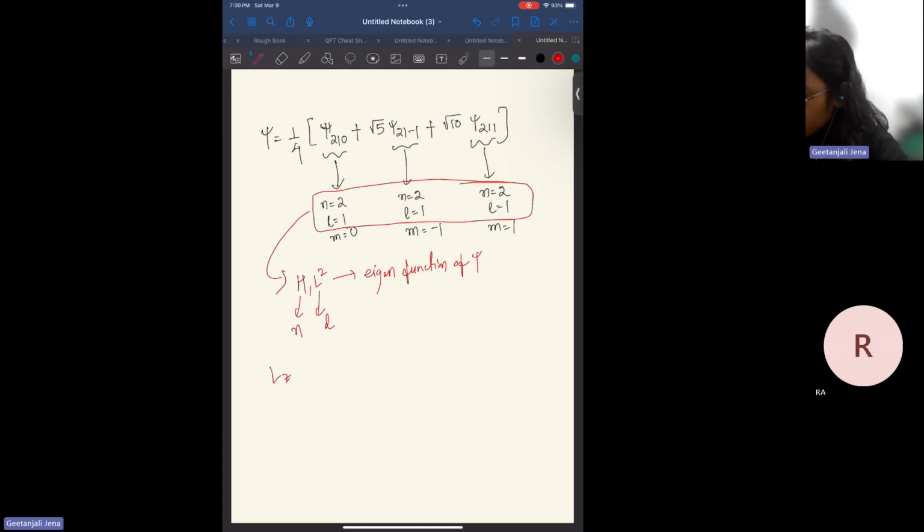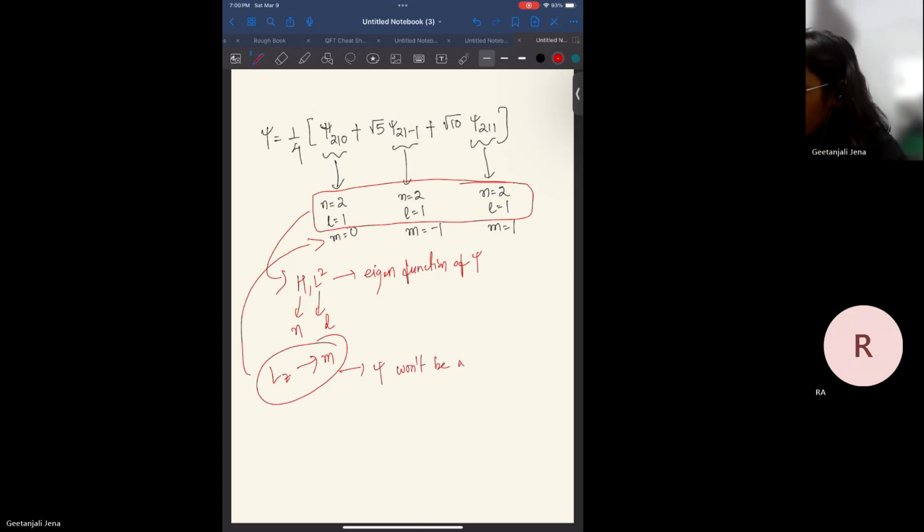And for Lz, the quantum number related to Lz is m. Now you are seeing that the m are different for this superposed state. So that means this psi will not be an eigenfunction of Lz.